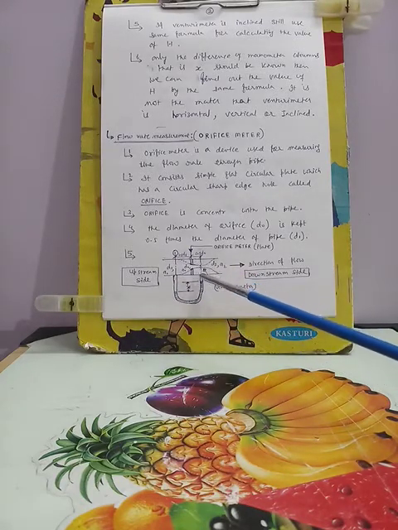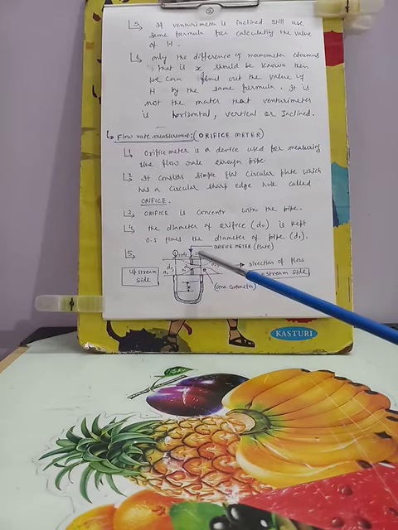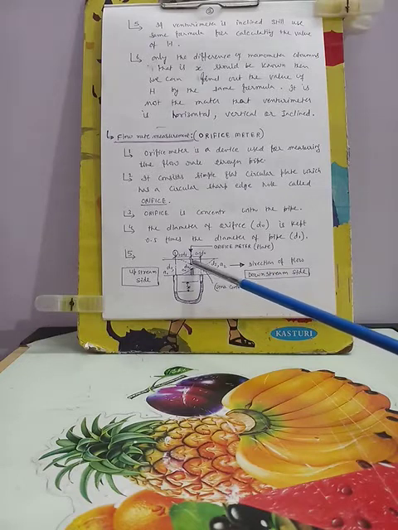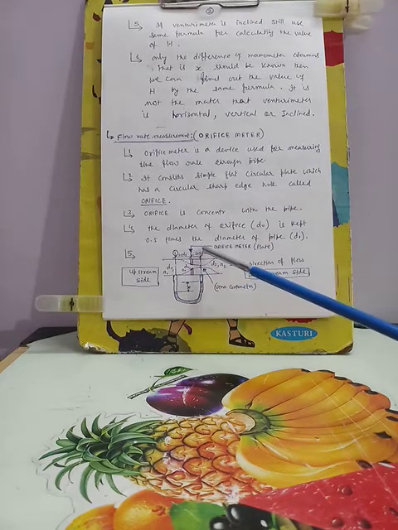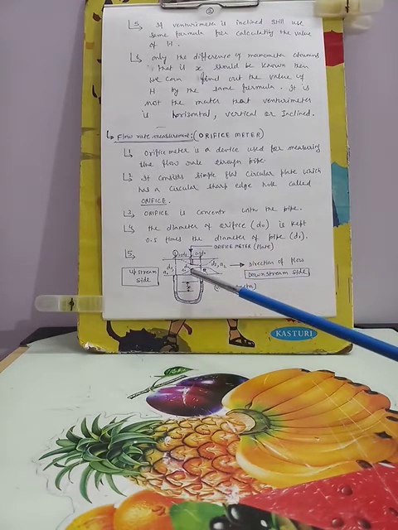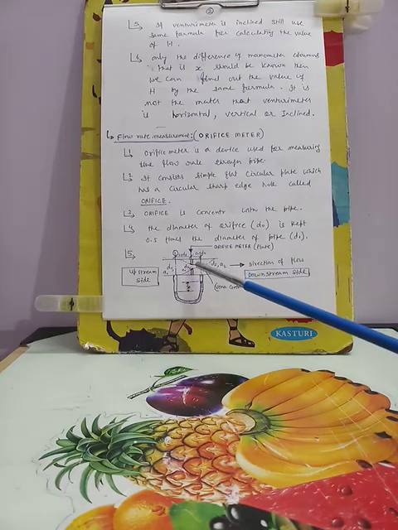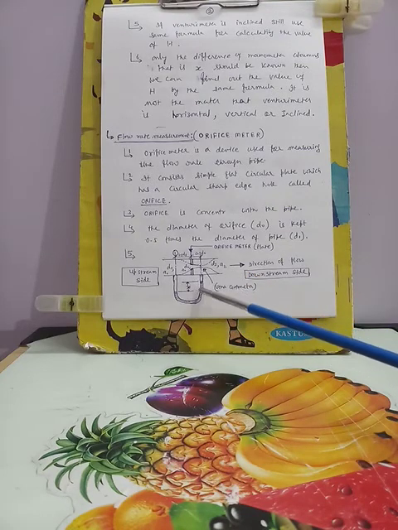And this other column of the manometer we will fit at 0.5 times D0, where D0 is the diameter of the orifice. Suppose the diameter of the orifice is 30, then 0.5 times D0 means at 15 mm we will fit this column of the manometer.